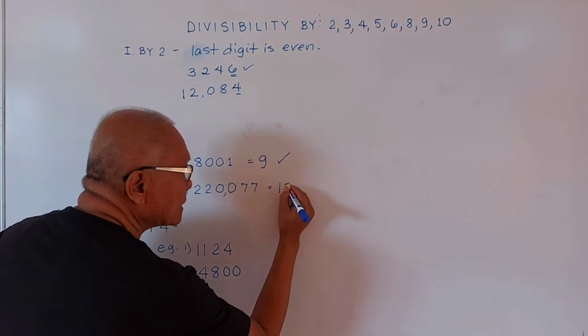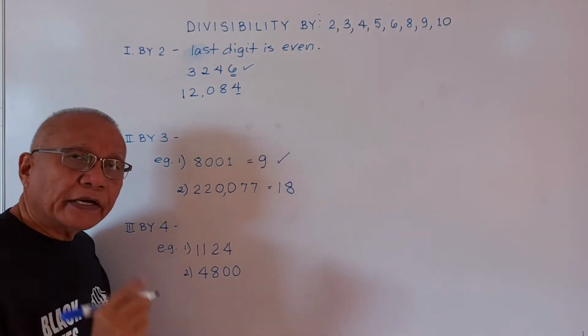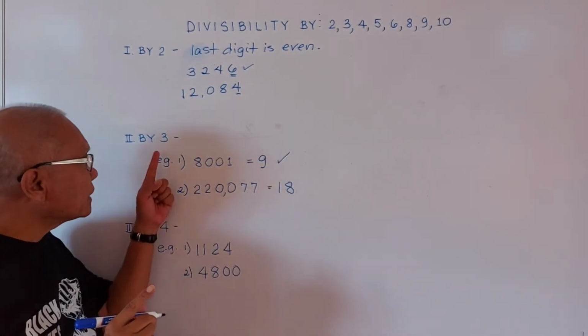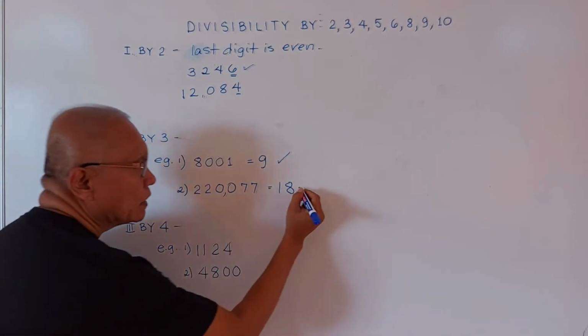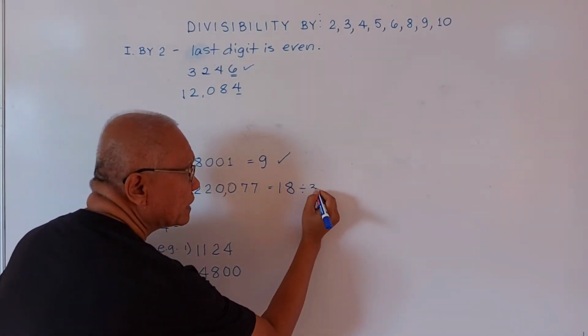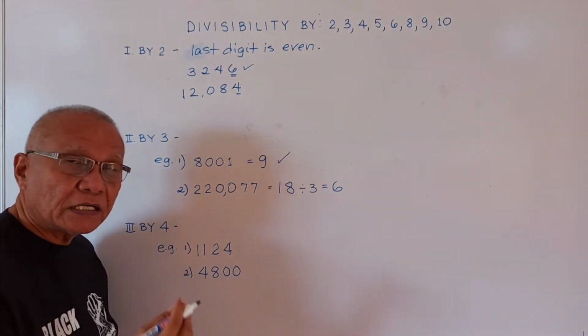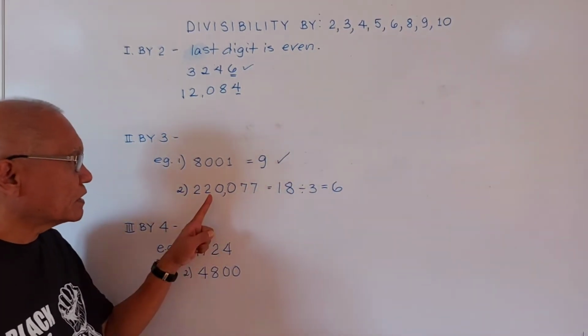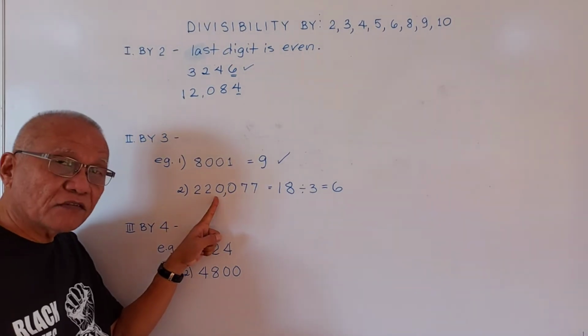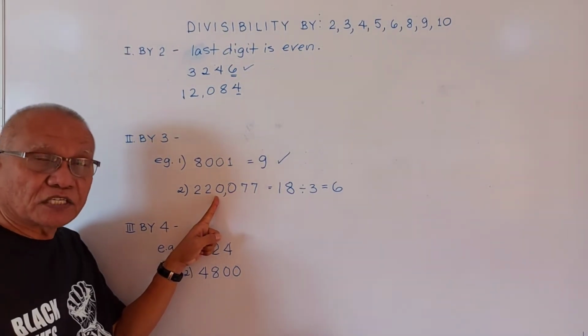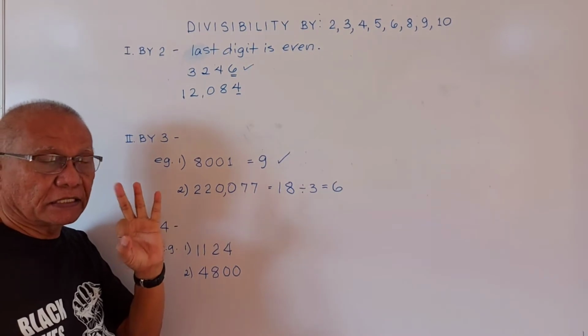So the sum is 18. Can we divide 18 by 3? Yes. If we divide this by 3, our answer is exactly 6. Therefore, 220,077 is divisible by 3.